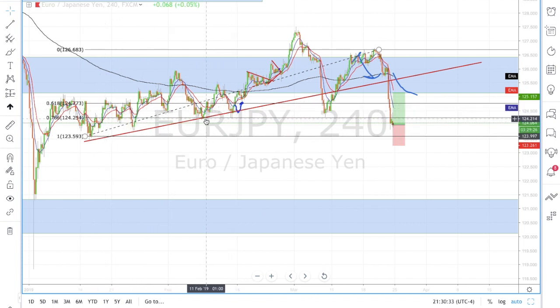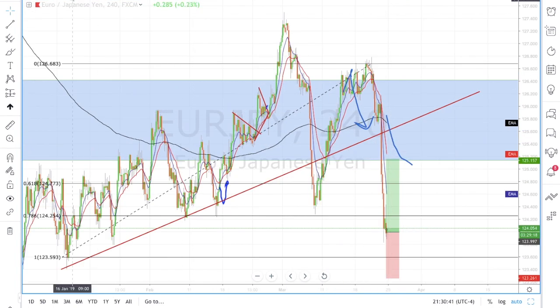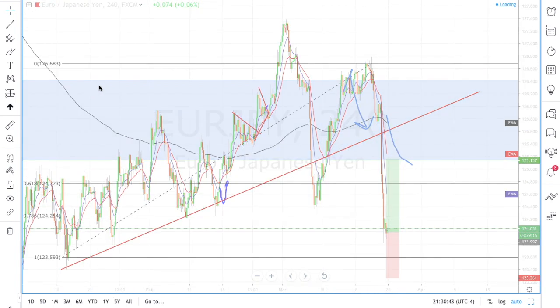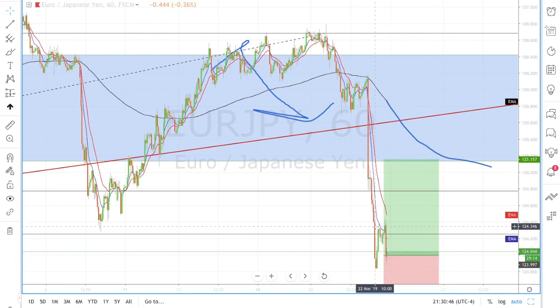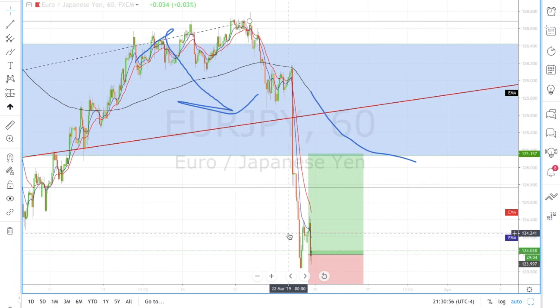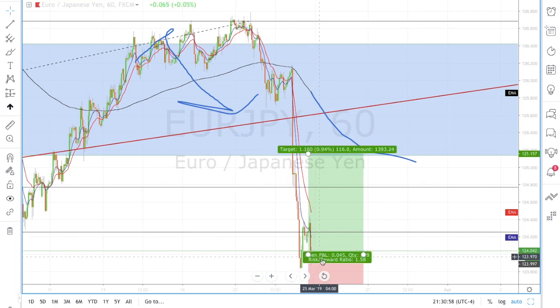Back here in January, again in February, March, and I'm sure if we go to the 1 hour, it was having trouble trying to break it. Over here, it had trouble breaking it, and once it broke through, it came down, broke through the 78, and now it's kind of retesting it.